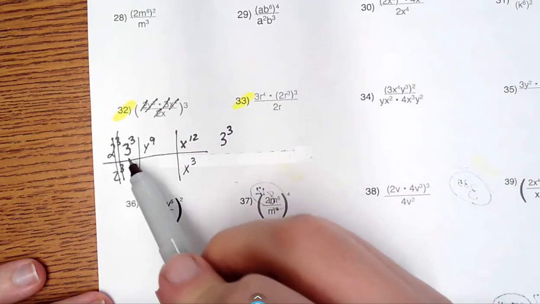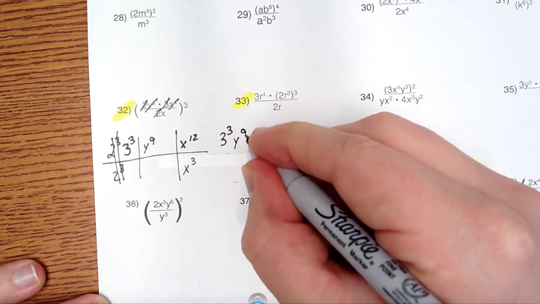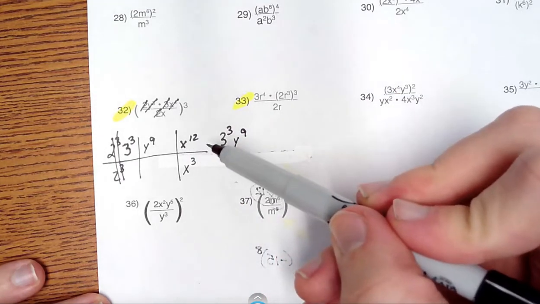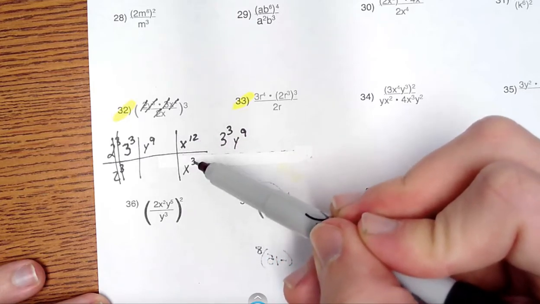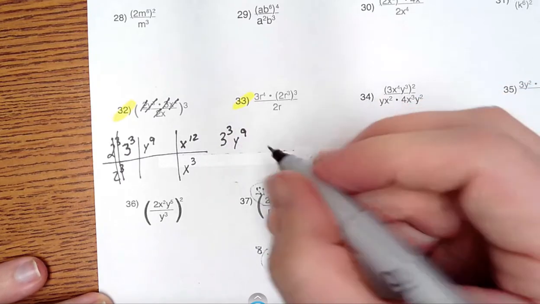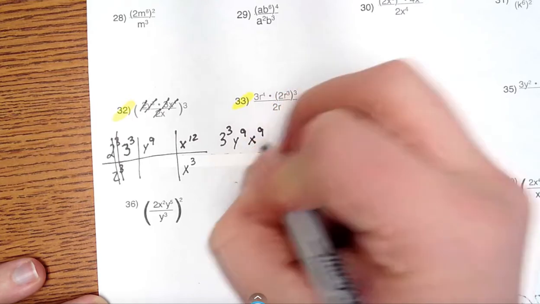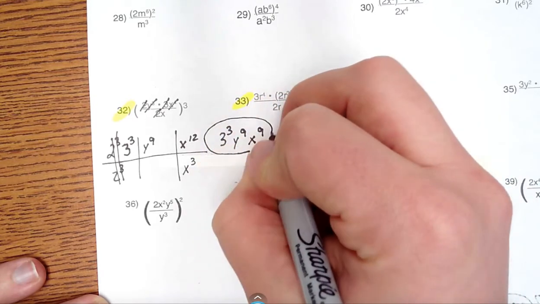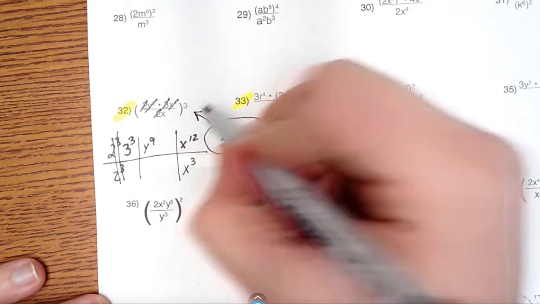For the y's, all I have is y to the 9th, so I can write that down. And then for the x's, I have x to the 12th divided by x to the 3rd. So when we divide, what do we do with exponents? Subtract. So I have x to the 9th. That is the answer there.